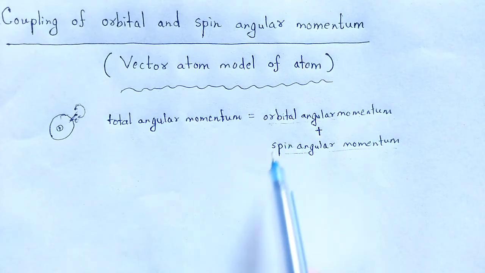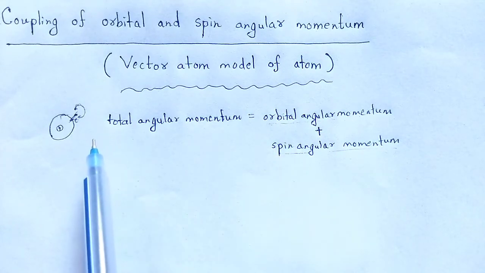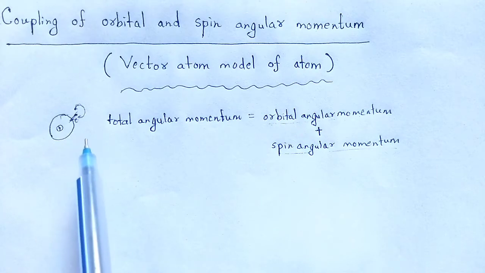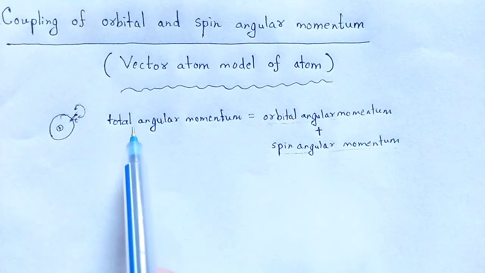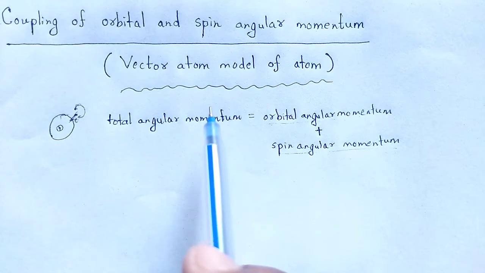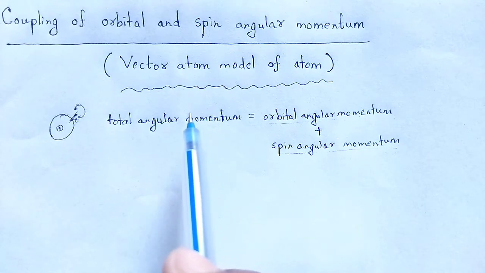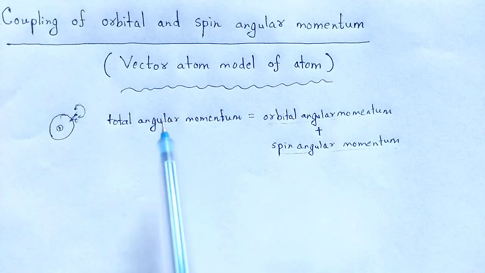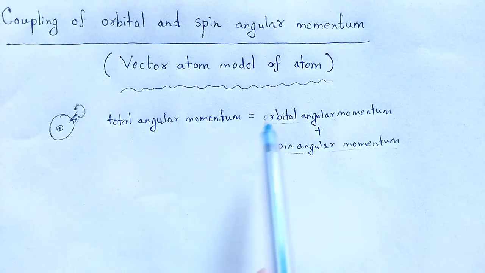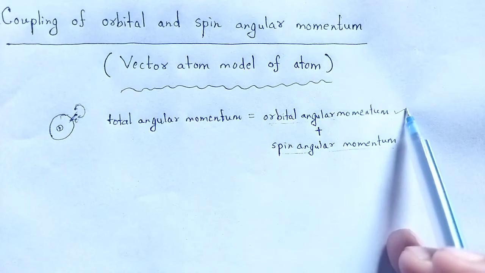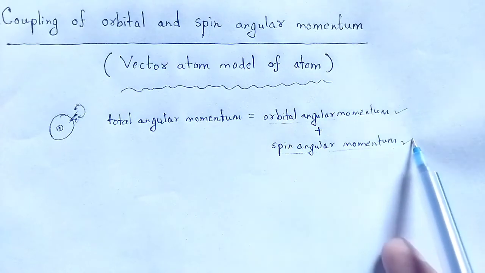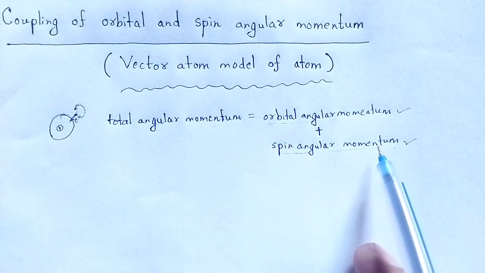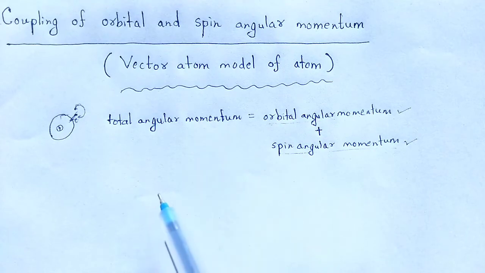Since the angular momentum is a vector quantity, we can represent the total angular momentum by means of a vector. That vector is obtained by the vector addition of orbital angular momentum and spin angular momentum, that leads to the vector model of atom.